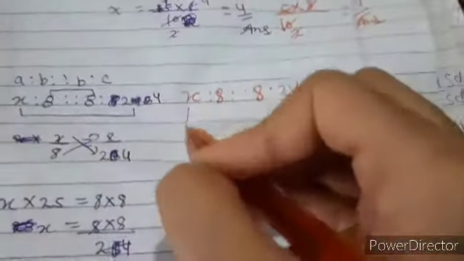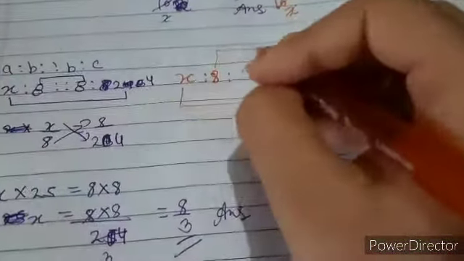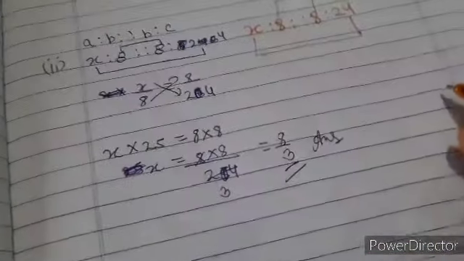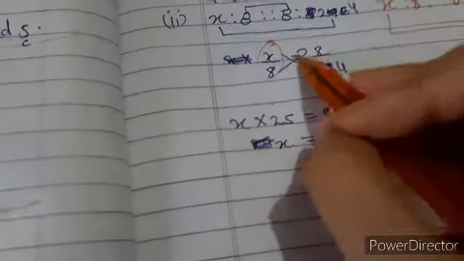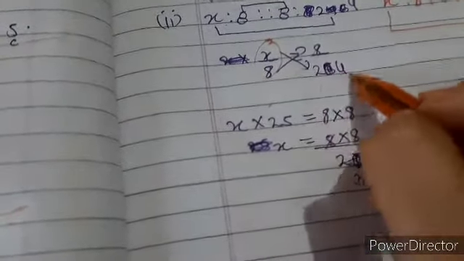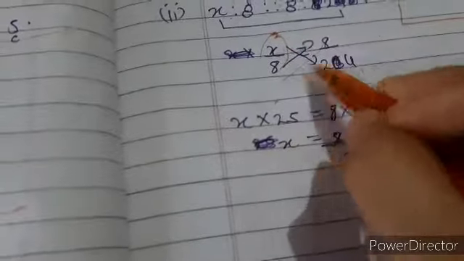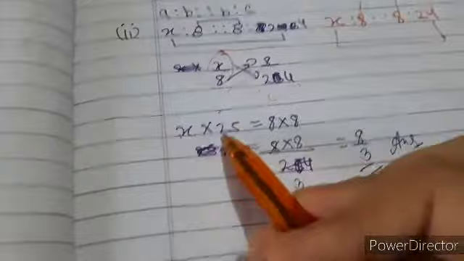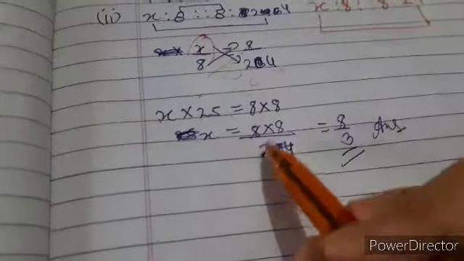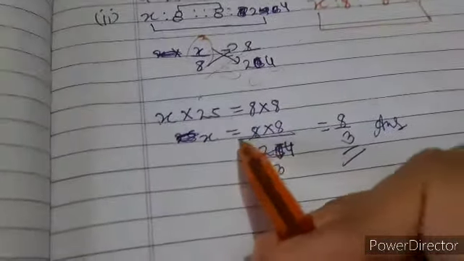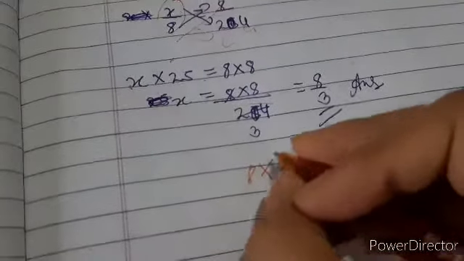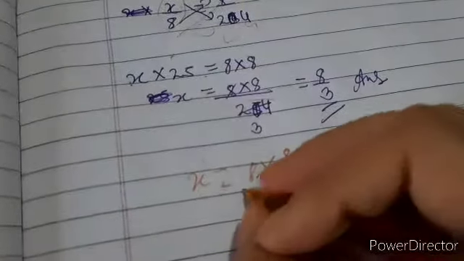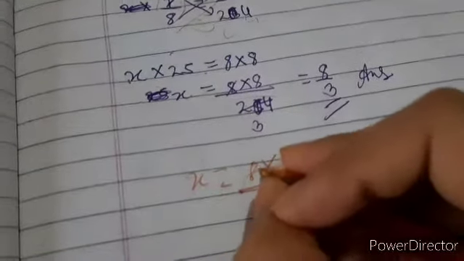This will be like this. Now here x upon 8 is equal to 8 upon 24 and we will do the cross multiplication, which I have told earlier only, and x into 24 is equal to 8 into 8. X is equal to 8 into 8 upon 24.